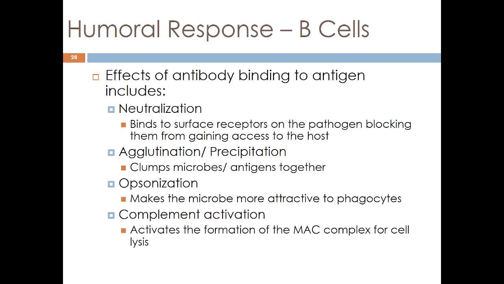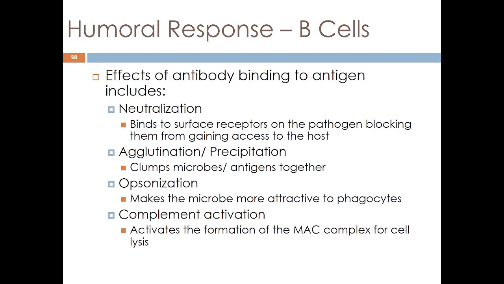When we think of antibodies and their effects, there are many different ones. We can have neutralization, where antibodies will simply bind to surface receptors and cause them to become ineffective. If we have something that is blocking the ability of things to bind to a pathogen surface, it's going to really decrease the effectiveness of those surface binding proteins.